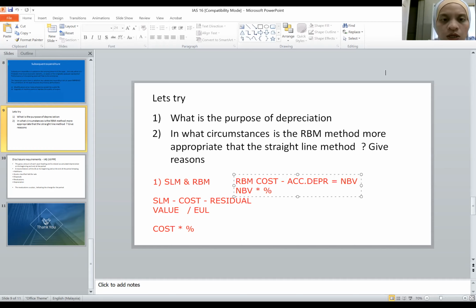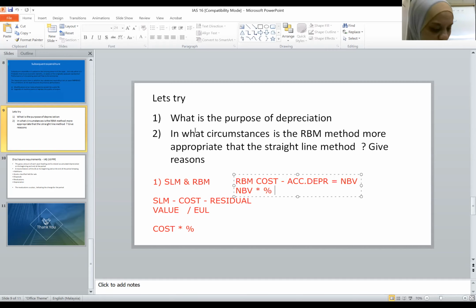Okay, alright. So what is the purpose of depreciation, class? Okay, so the purpose of depreciation is to spread the cost of non-current asset over its useful life in order to match the cost of the asset over the full period during which the business consume economic benefits from the asset.